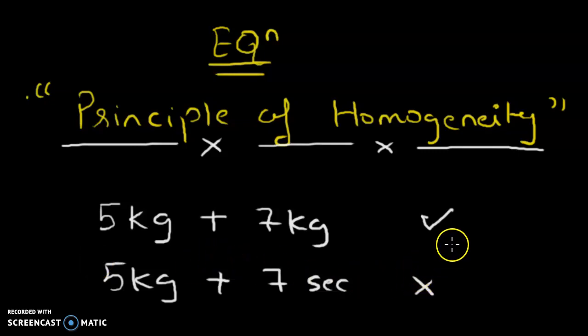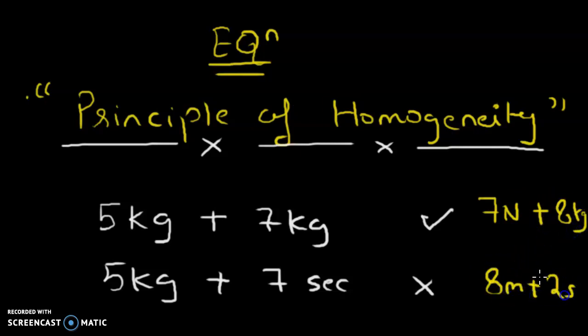You cannot add 7 Newton force plus 8 kg, or 8 meter plus 2 second. These are invalid operations, or they don't signify anything. So that's the principle of homogeneity: the dimensions of such variables should be the same.